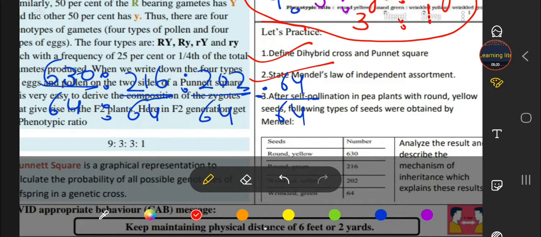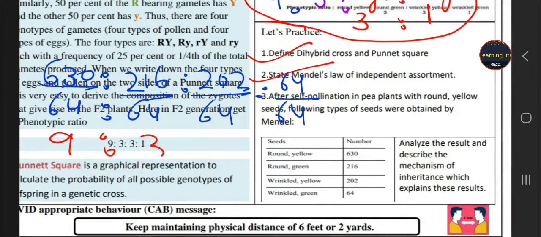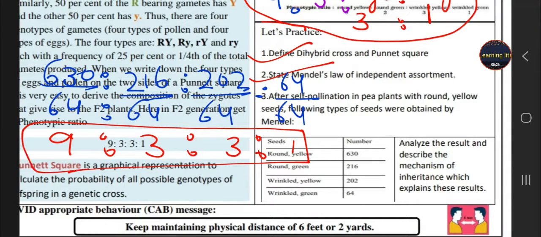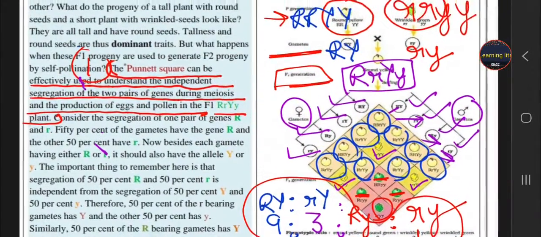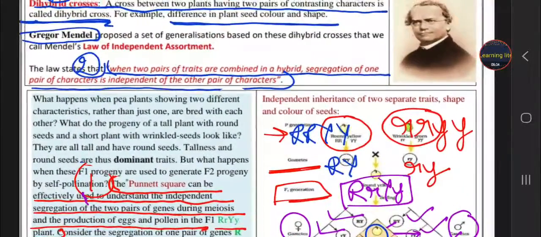So student, we roughly get this ratio. So what is the answer of your last question? 9:3:3:1.